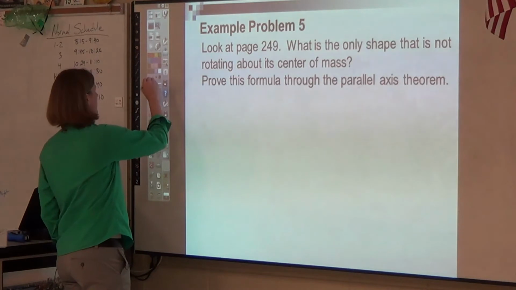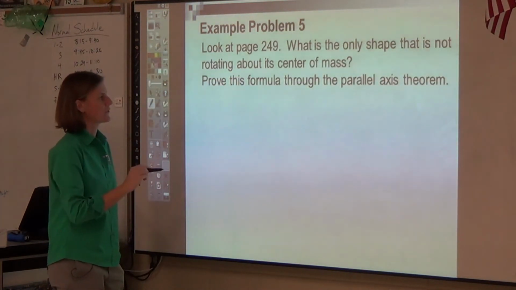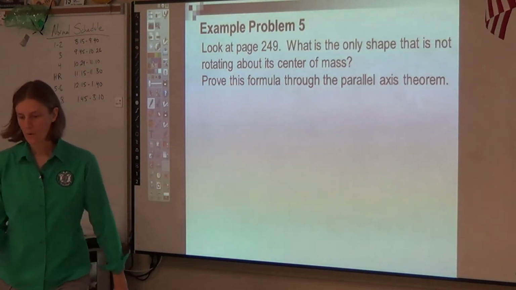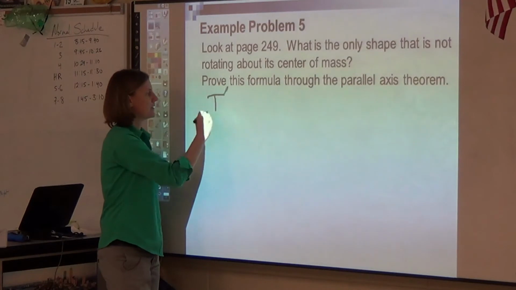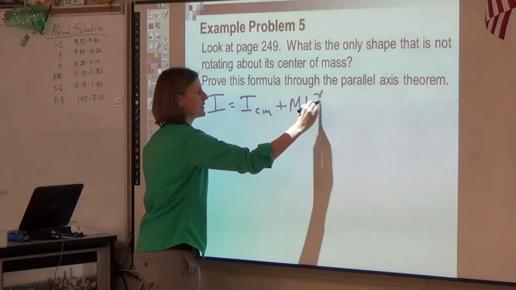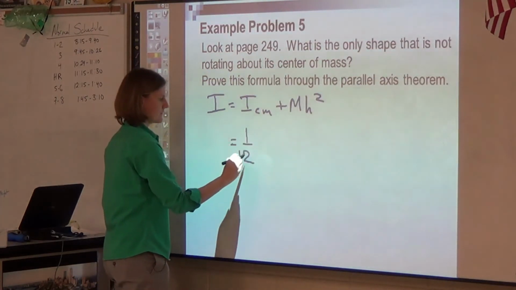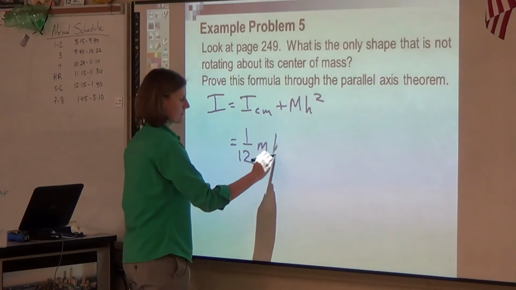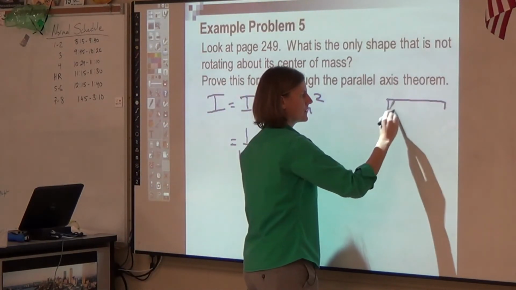Anyway, that formula there: moment of inertia I for some random axis is the original moment of inertia formula, so I like little cm, here you go, plus M h squared, total mass. Now h is the perpendicular distance from the center of mass's axis to your new axis.